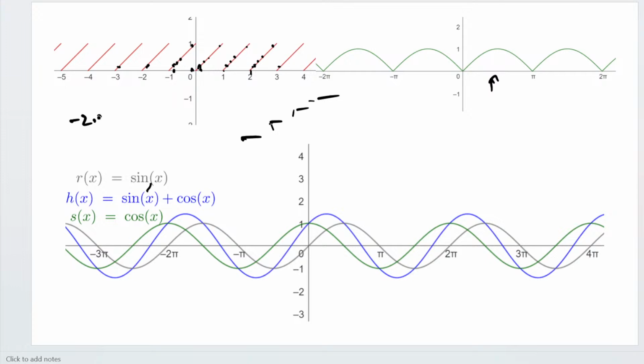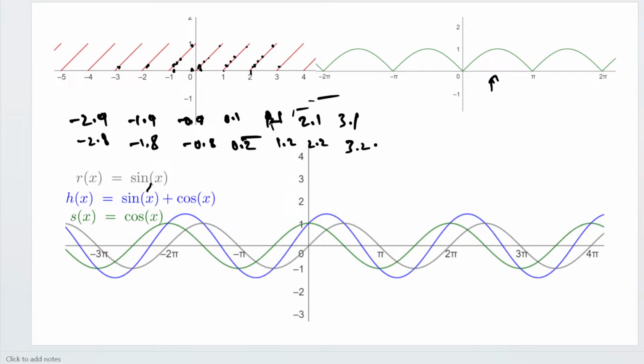Agreed? So all are equidistant and all of these are giving the value of 0.1. Similarly, minus 2.8, minus 1.8, minus 0.8, 0.2, 1.2, 2.2, 3.2, these are all equidistant, and all of these are giving 0.2.